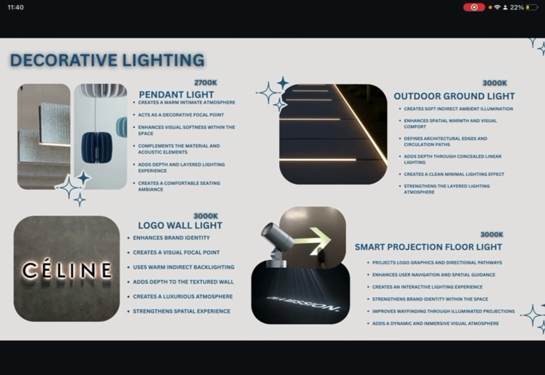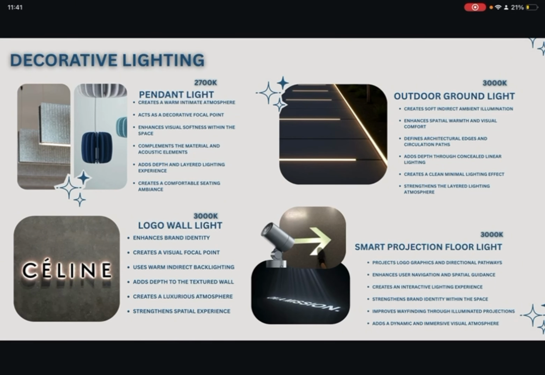About logo wall light, which enhances brand identity and creates a visual focal point, uses warm indirect backlighting and adds depth to the textured wall, creating a luxurious atmosphere and strengthening the spatial experience.